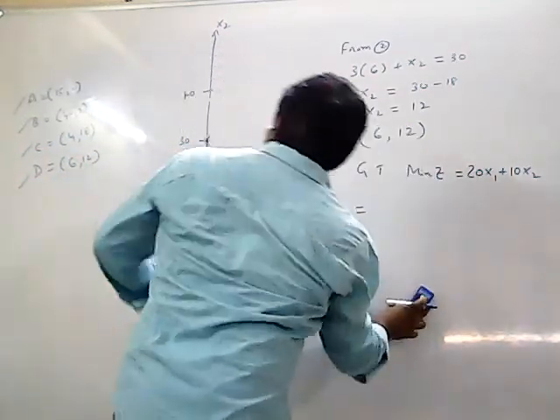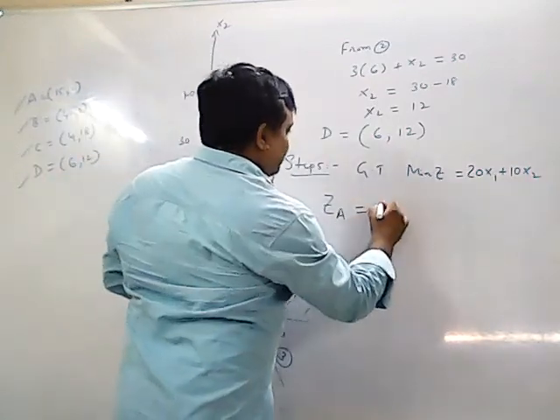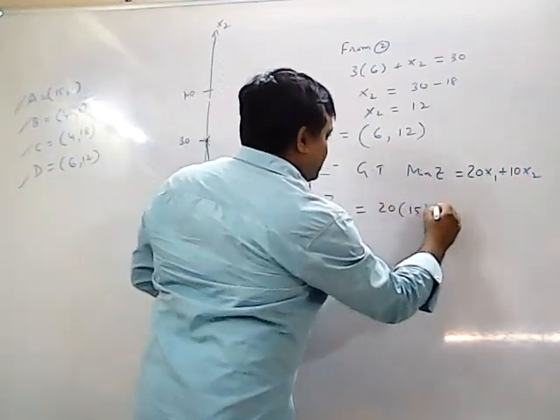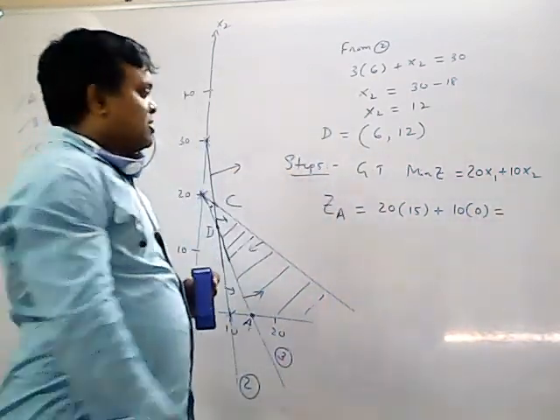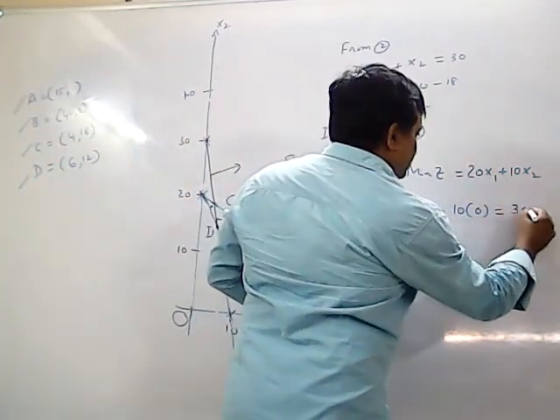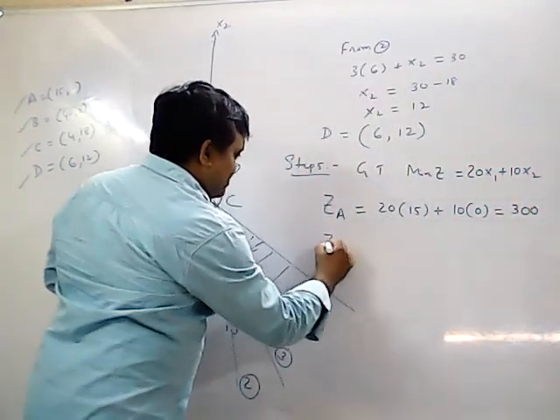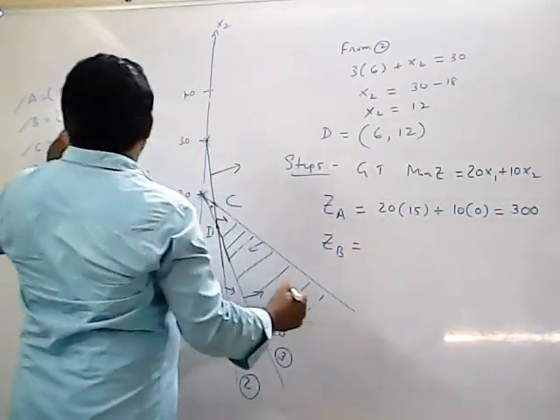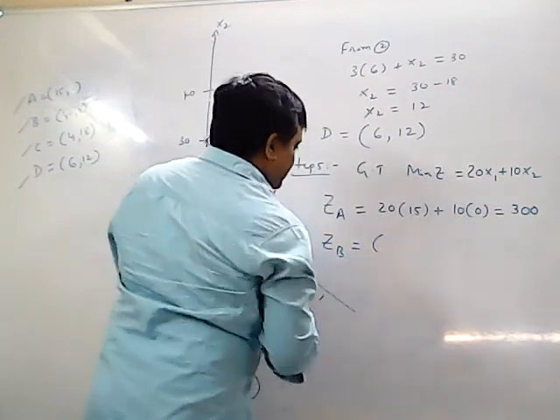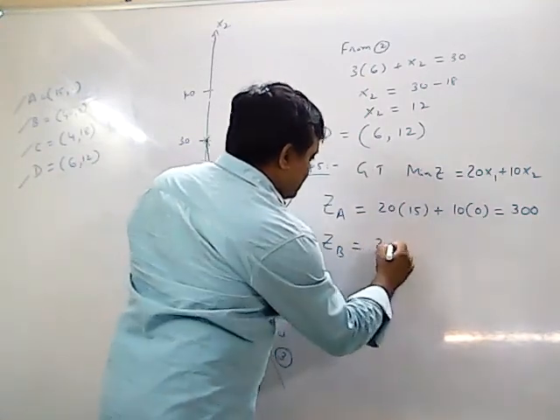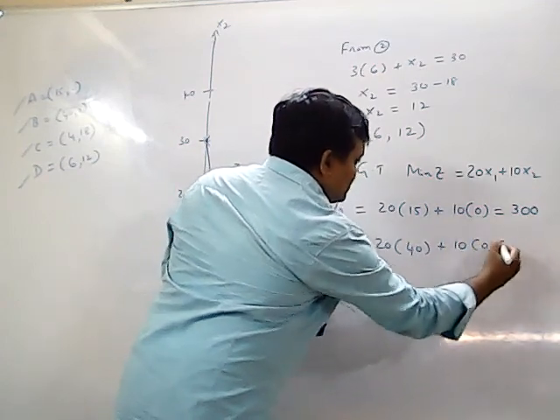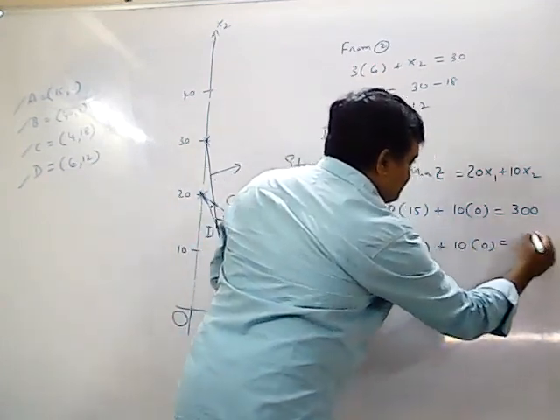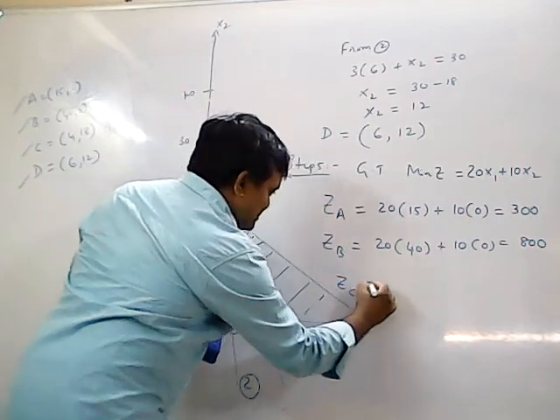What is the A point? A point is 15 comma 0. 20 into 15 plus 10 into 0 is 300. Next I will calculate ZB. The B point is 40 comma 0. 20 into 40 plus 10 into 0 is 800. Next I will calculate ZC.